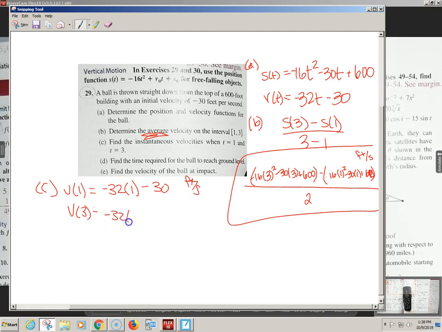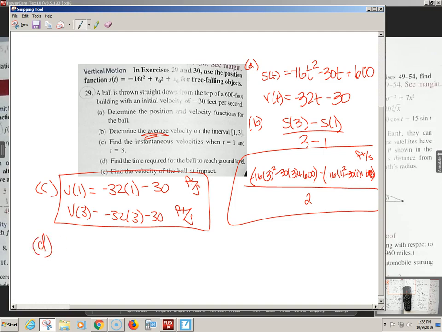Negative 32 times 3 minus 30. No, I'm a genius. I'm going to do it in my head. Well, if you get it wrong, I take off points. That shouldn't be a problem. For V prime of 3. Wrong. What? That's not negative 62. Oh. Okay, that's my point of don't plug it in. All right, so do plug it in, but don't simplify.